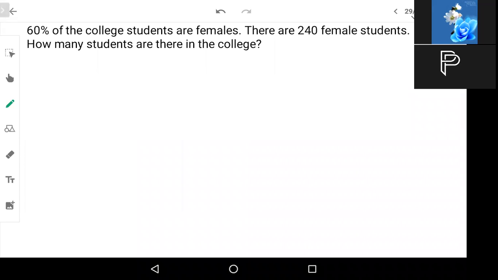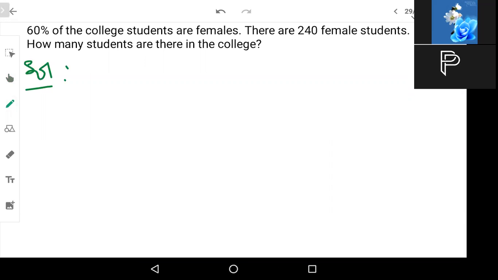Now let's get into the statement problems directly. 60% of the college students are female. There are 240 female students. How many students are there in the college? Okay, now let us solve this.